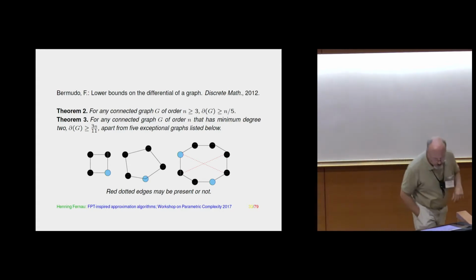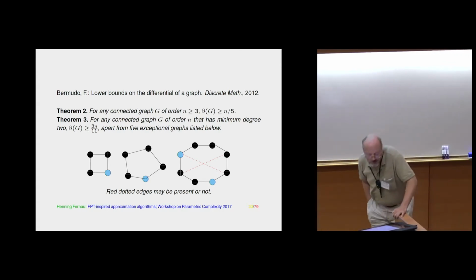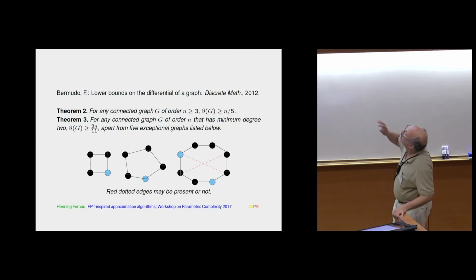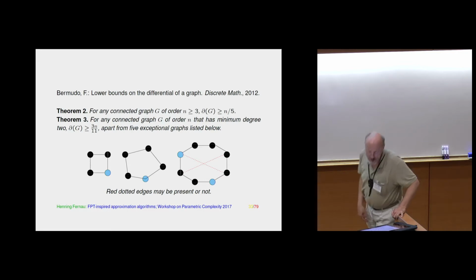It must have been 6 or 7 years ago now that Sergio Bermudo visited me. He brought along this graph parameter, and he's into these graph parameters. So we thought, let's look at it more from a graph theoretical point of view, and we got basically what's listed here.